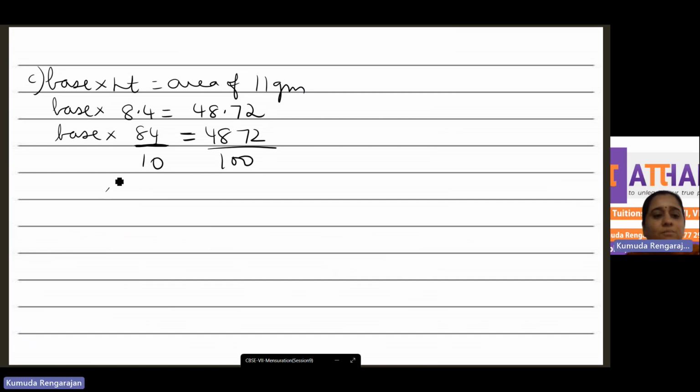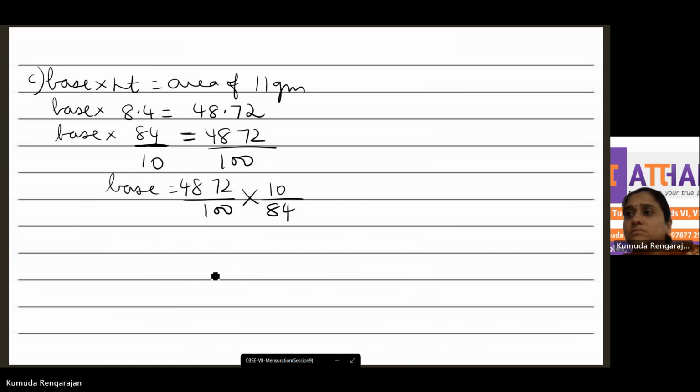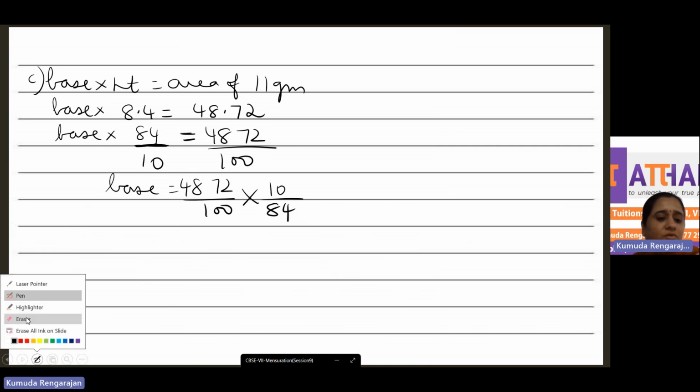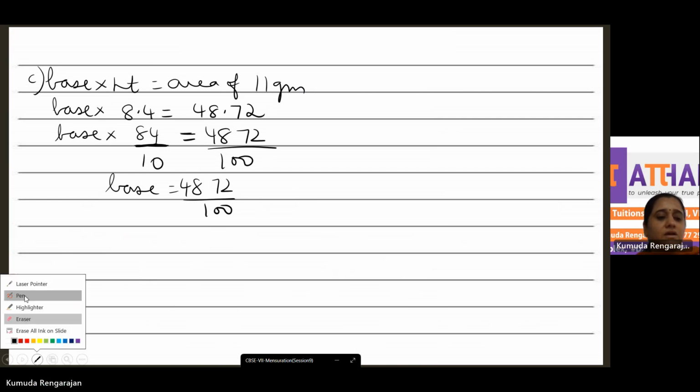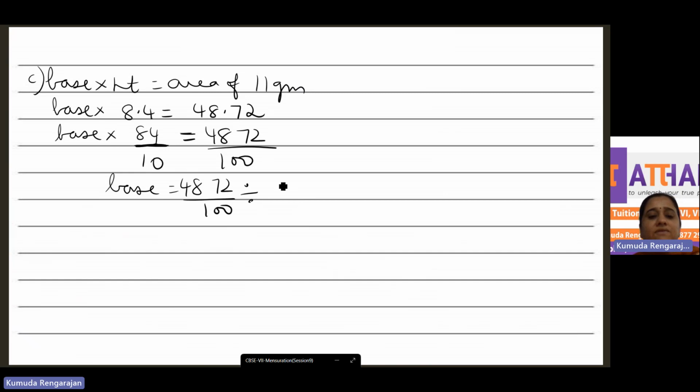Now you transpose. Base is equal to 4872 by 100. 84 by 10 will go to the other side as its reciprocal, 10 by 84.